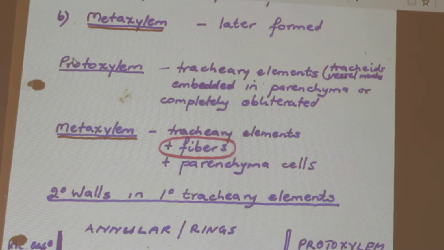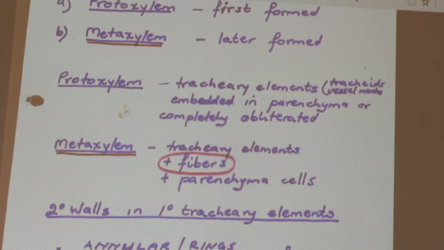The reason why these have smaller openings is because as metaxylem is produced, it pushes this one, and this one becomes squashed, and the lumen becomes smaller. Okay, now I told you tracheary elements are two things: tracheids and vessel members. Let us look at these tracheary elements, how they develop.